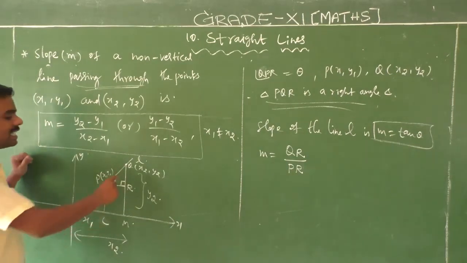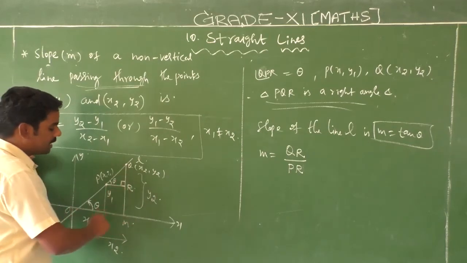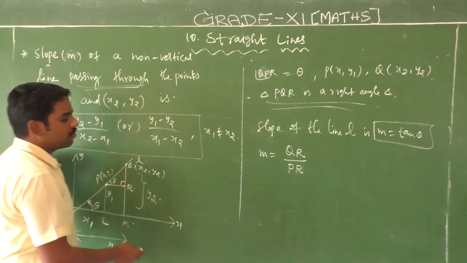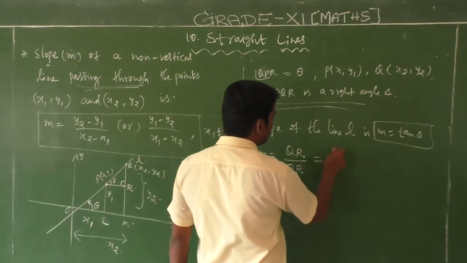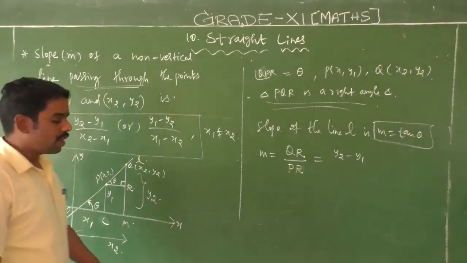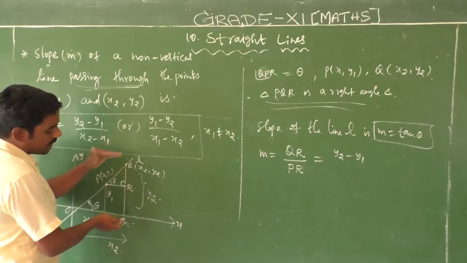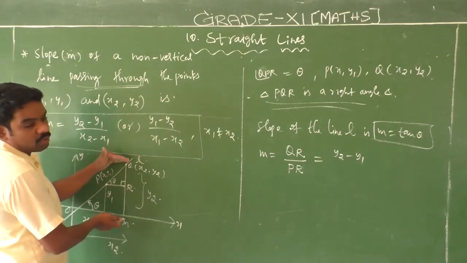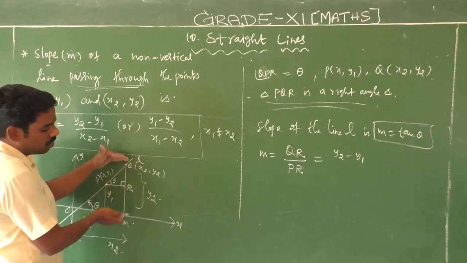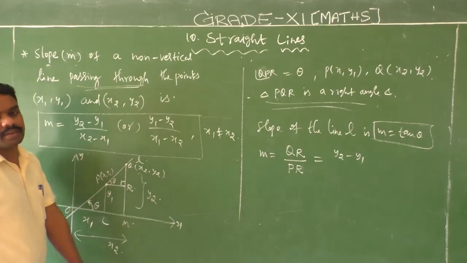Then the distance QR is MQ minus RM. Therefore, QR is equal to y2 minus y1.